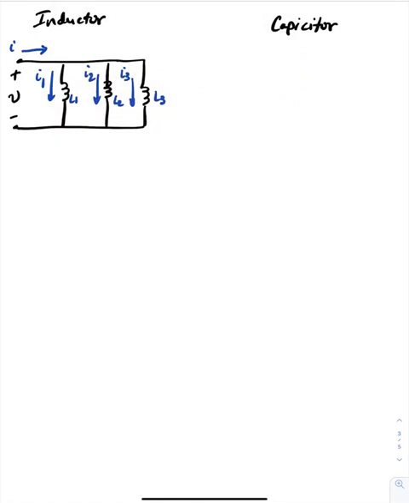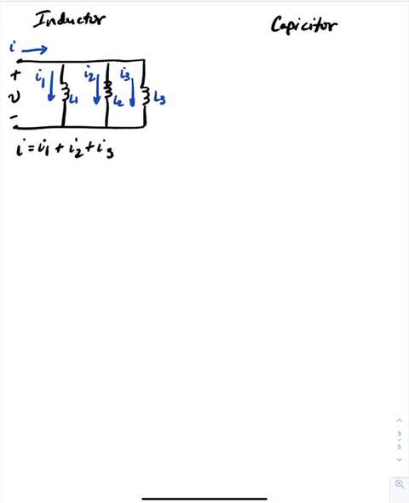So here, this is our node, and the sum of the current going in is equal to the sum of the current going out from Kirchhoff's current law. So I equals I1 plus I2 plus I3.